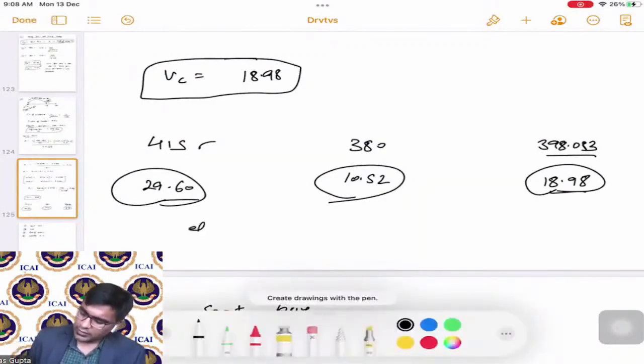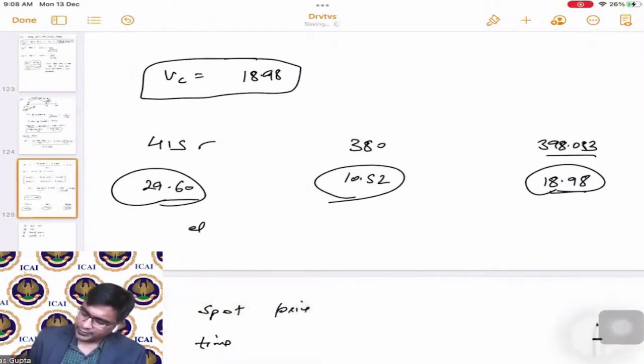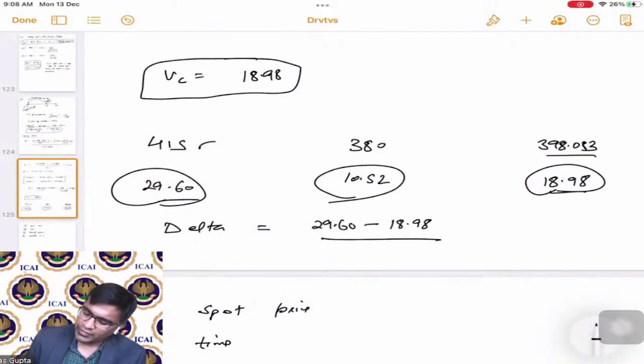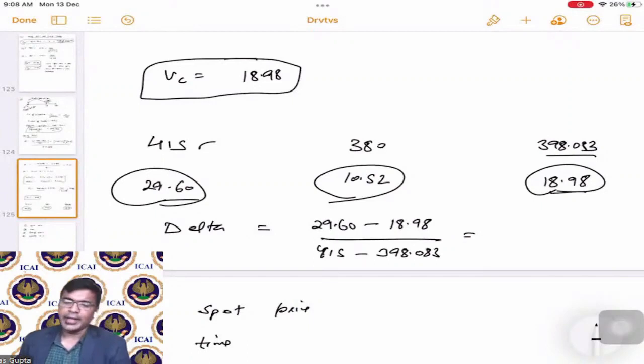So first of all, let's calculate the delta here, correct? Delta, how can we calculate? Change in the price, which is 29.60 minus 18.98, divided by 415 minus 398.083, correct?